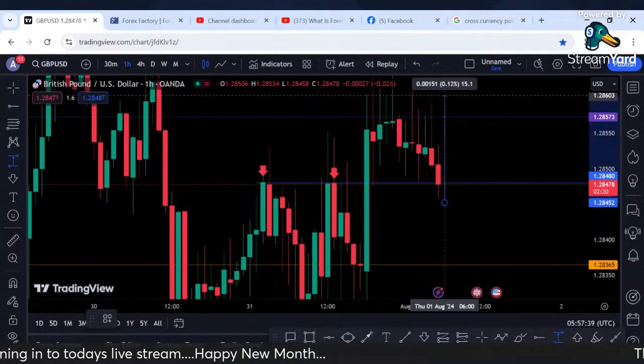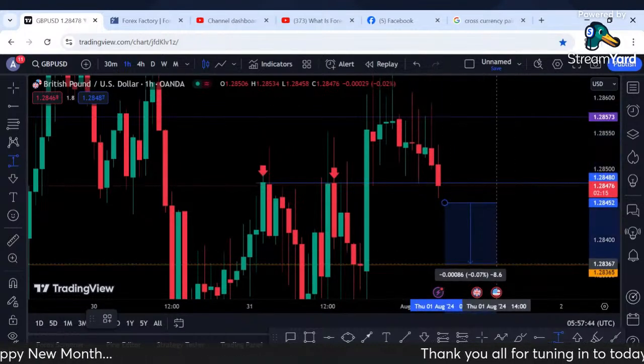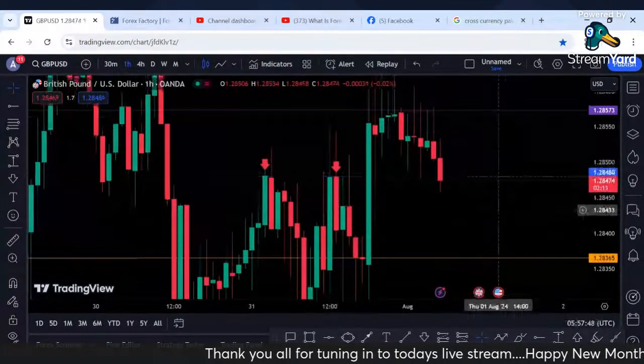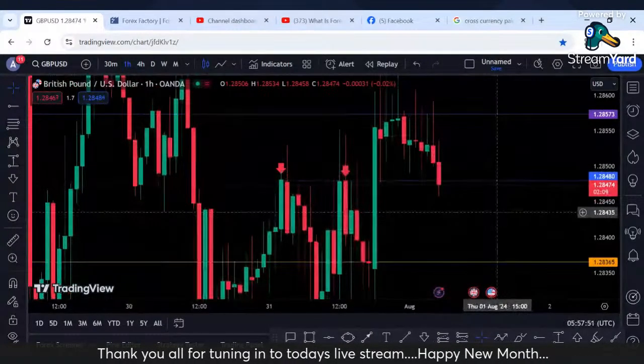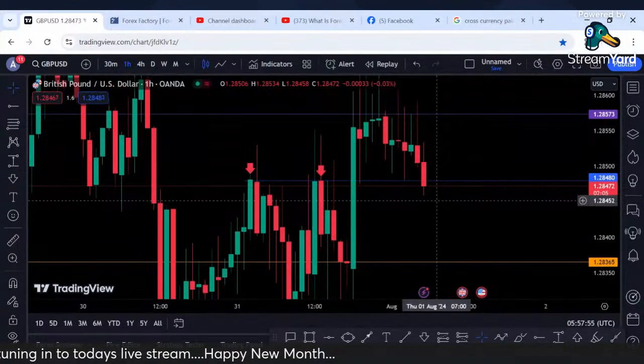It will be consolidating before they take action. So you can see a lot of consolidation during that time.